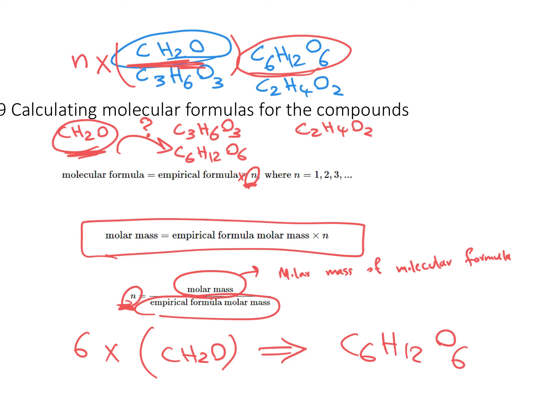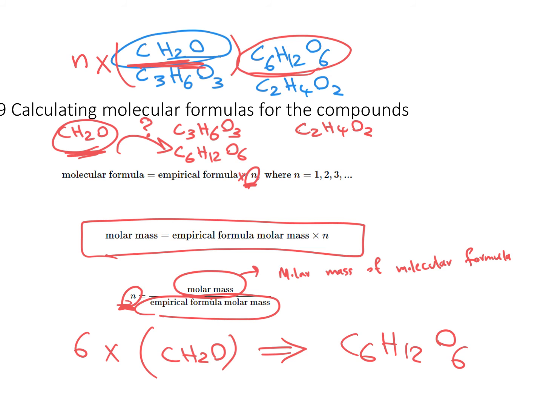Just to clarify, so you're taking C6H12O6 and dividing it by CH2O to get 6? Yes, so I can solve an example real quick to clarify that. In your exam, you can find the empirical formula with the method that I just taught you, right?